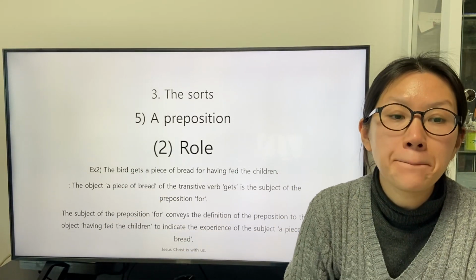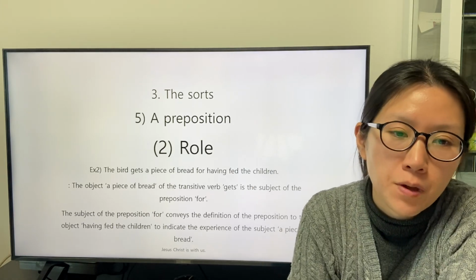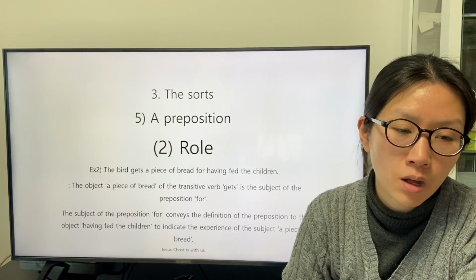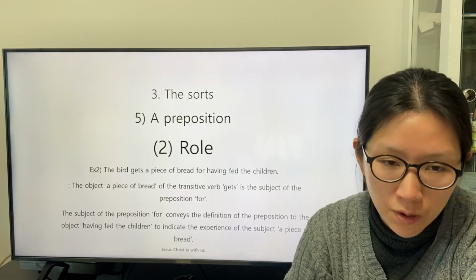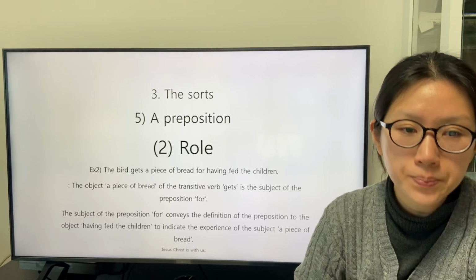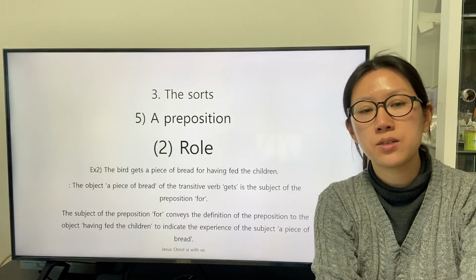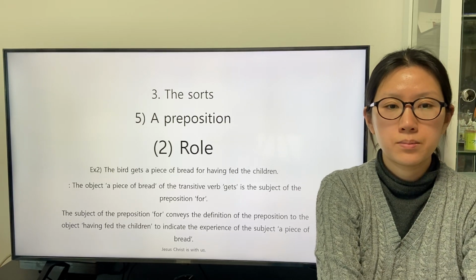The object, a piece of bread, of the transitive verb get, is the subject of the preposition for. The subject of the preposition for conveys the definition of the preposition to the object having fed the children to indicate the experience of the subject, a piece of bread.